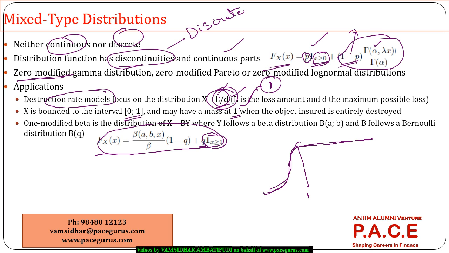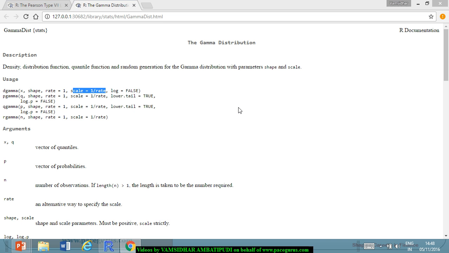In this case, the best way to handle them is to create your own functions. Right?